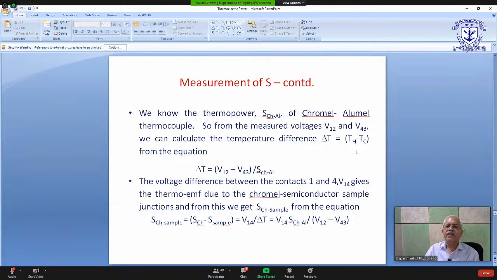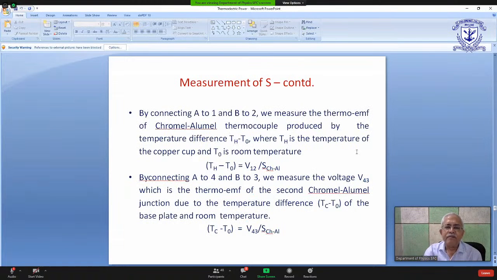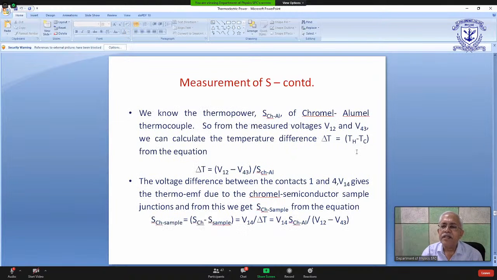You can easily see that you can get an equation for TH minus TC. Look back, you got one equation for TH minus T naught and another equation for TC minus T naught. Subtract the second one from the first, you will get an equation for TH minus TC. Okay. So if we call that delta T, then delta T is V12 minus V43 upon the Seebeck coefficient for chromel alumel. Okay.